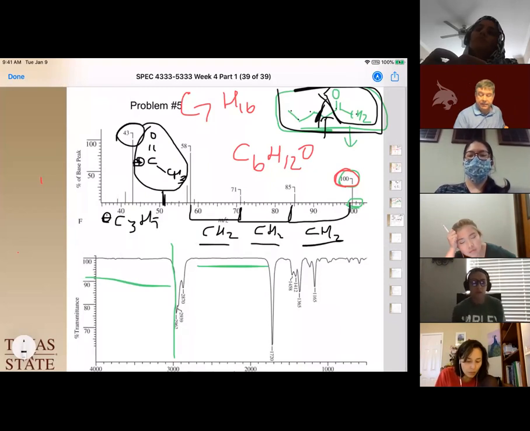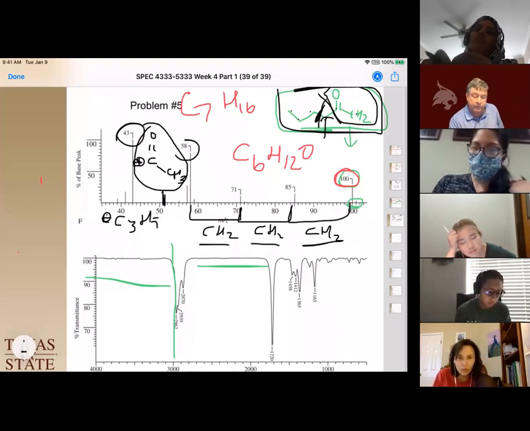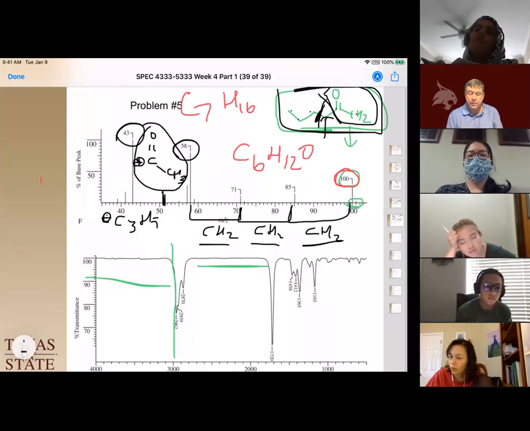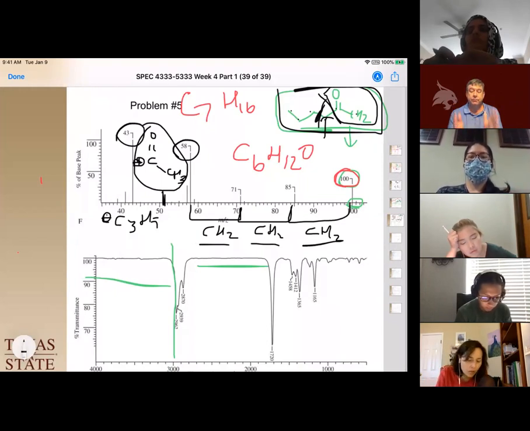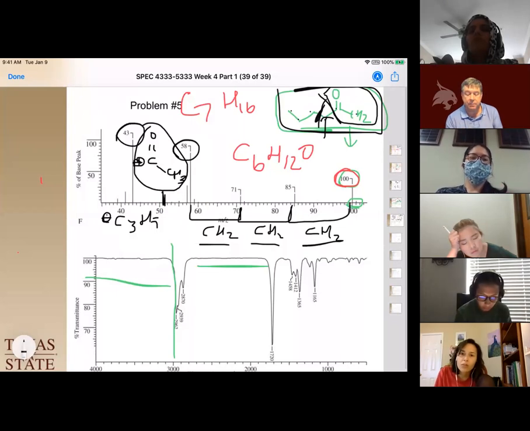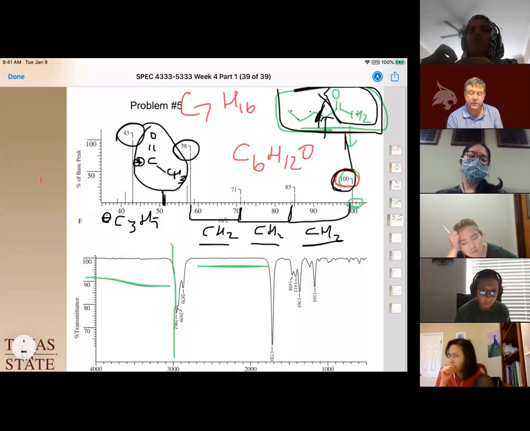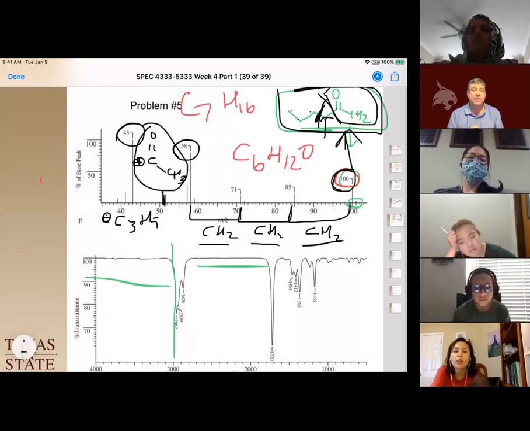Yeah, it would be a 57. So it's probably this, or it's going to be the carbonyl is 1 over. But since this actually matches a fragment in our book, I'm going to say it's probably that.